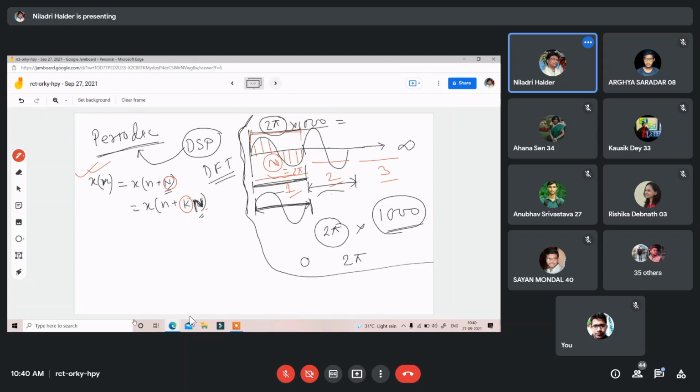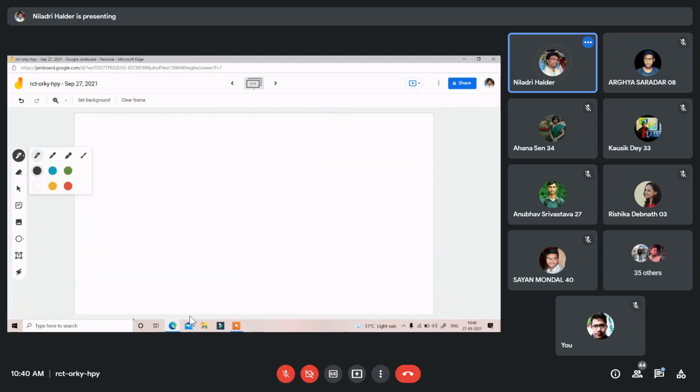Then, suppose, consider one example. x1[n] and x2[n], two signals are given, and it is told they are periodic. As they are periodic, obviously they will have periods N1 and N2. Means after N1 number of samples, x1 repeats again, and after N2 number of samples, x2 repeats again.